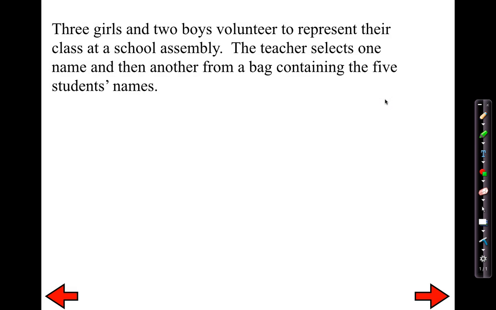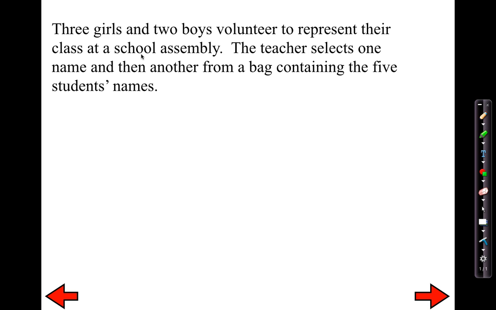Okay, so now let's take a look at some more examples before I have you try some on your own. It says 3 girls and 2 boys volunteered to represent their class at a school assembly. The teacher selects one name and then another from a bag containing the 5 student names. So let's think for a second. Is this considered an independent probability or dependent probability? I think it's a dependent probability. Why?